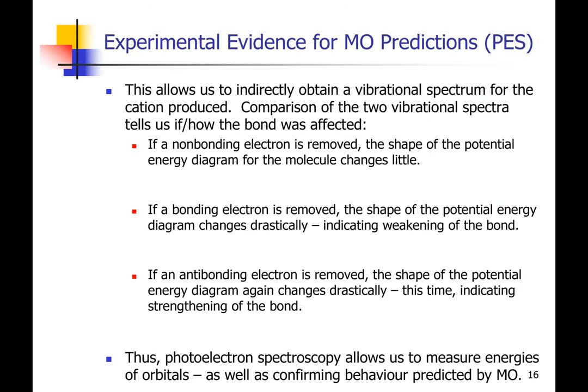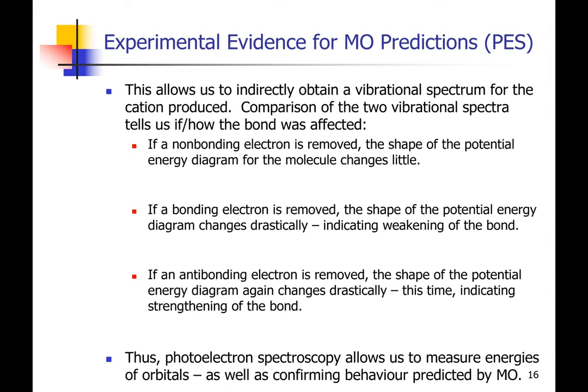Now, the distance between those lines in the vibrational splitting is what we actually use to tell us if we have ejected an electron from a bonding or an anti-bonding or a non-bonding orbital, because doing each of those things does something different to the average bond length and therefore the shape of the potential energy curve.